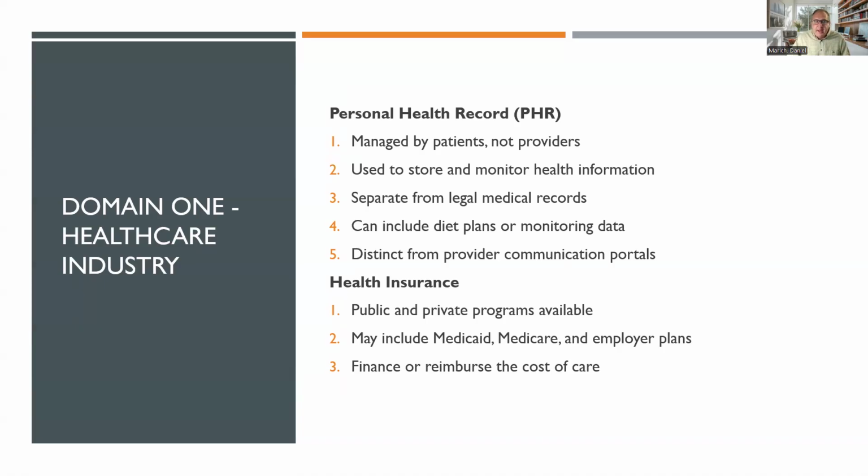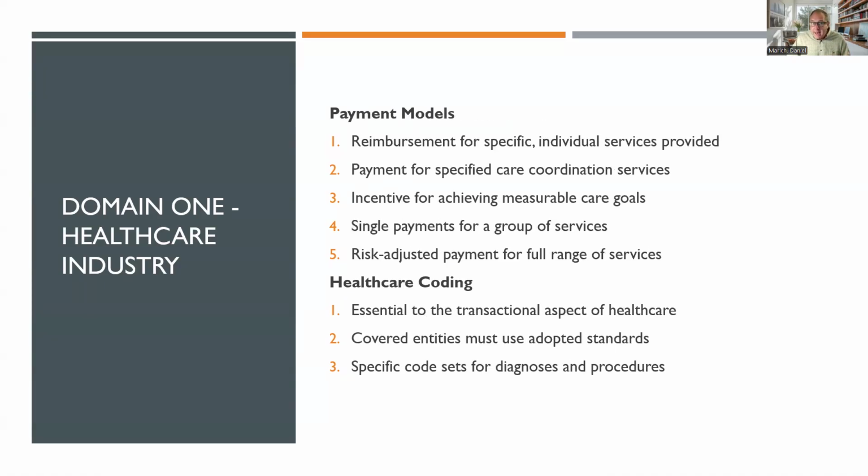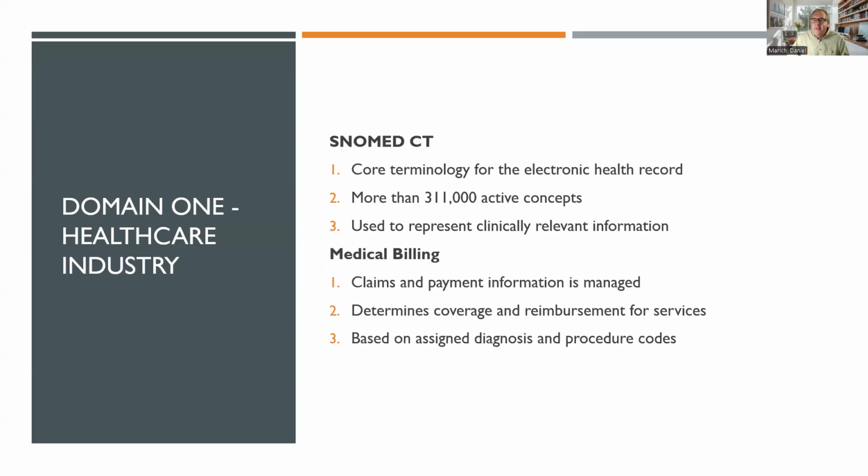Health insurance is defined in this section: public or private programs, Medicaid, Medicare, employer programs. Payment models: this is a reimbursement for specific individual services, payment for specific care, coordinated, incentive for achieving measurable goals. So be familiar with the payment model. Healthcare coding, be familiar with why we code things, the purpose of coding it. Get familiar with SNOMED if you haven't already, as a core terminology for the electronic health record.